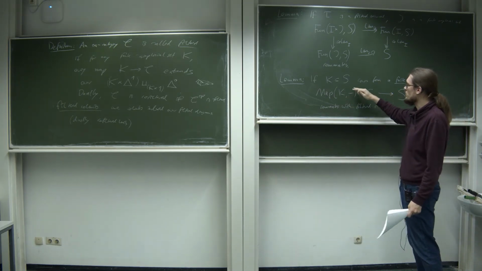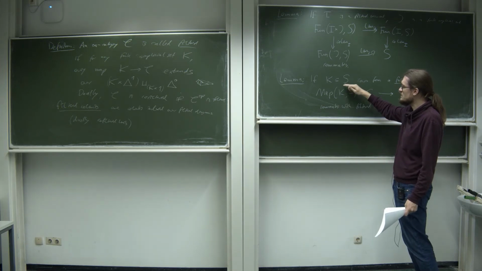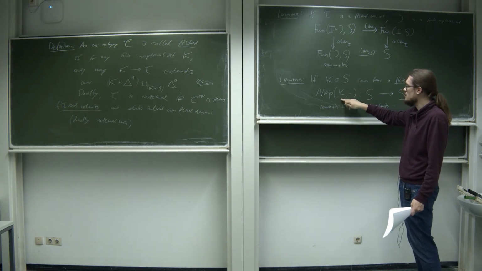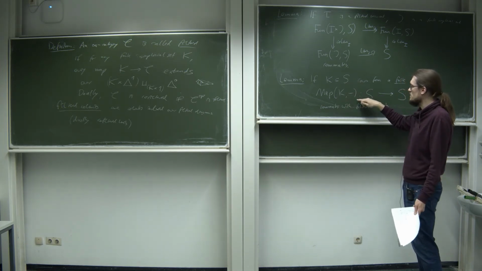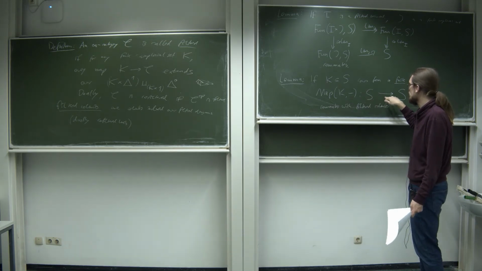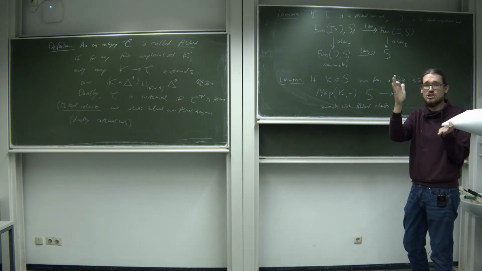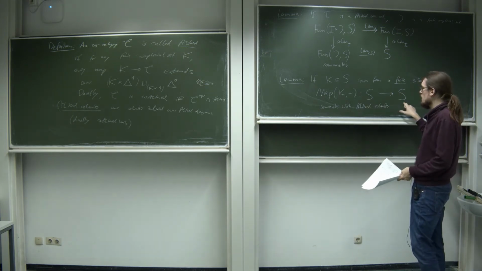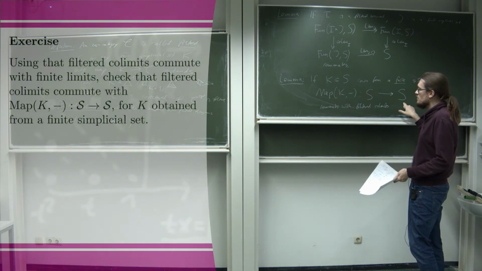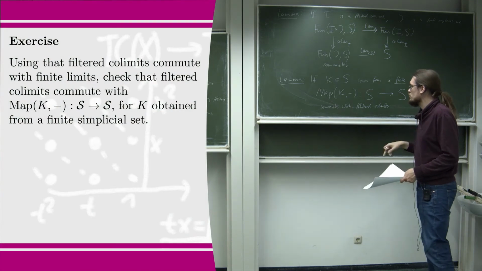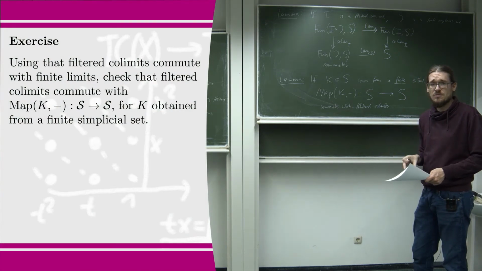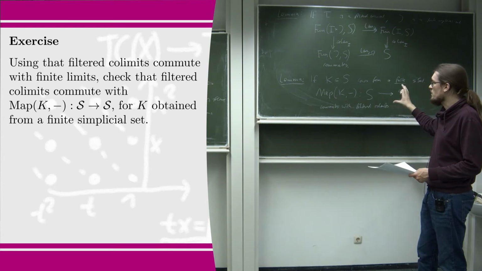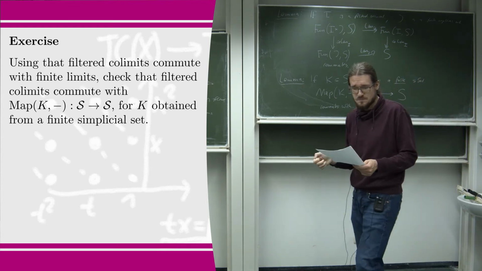So if you think about sets instead of spaces and K is a finite set, then this functor would just take a finite Cartesian product of your object with itself. And we said earlier that filtered colimits in sets commute with finite products. So think of this as some extension of that.